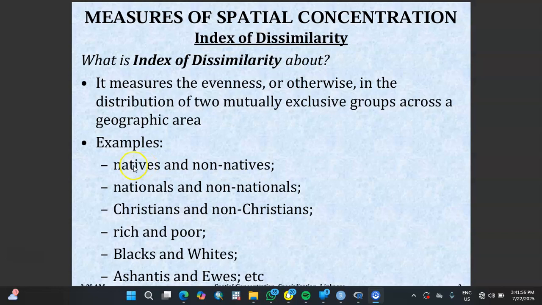Same for the other examples we have here. When we look at blacks and whites, we are trying to look at whether, for KNUST, the distribution of blacks and the distribution of whites are equal on KNUST campus. That is what the index of dissimilarity measures.